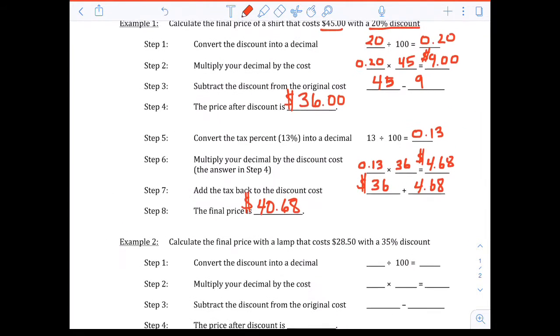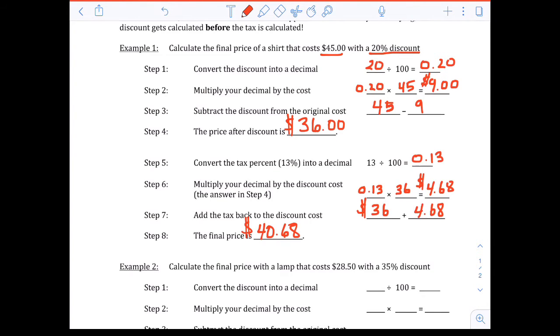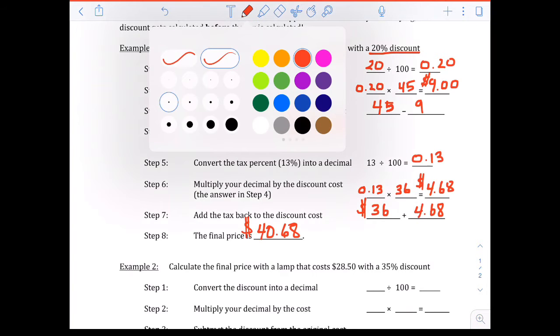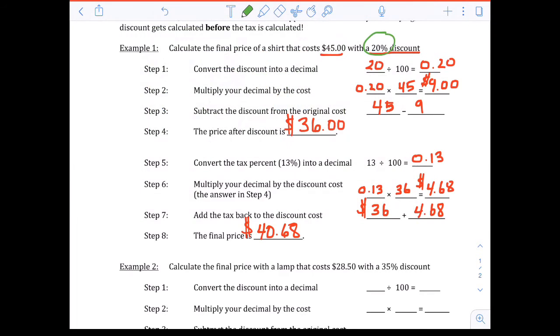So that's the total price that we'll pay for our shirt that originally cost $45, that we discounted 20%, and then once we found out the new sale price of $36, we added tax of 13% to it. And we ended up with $40.68. Our discount was bigger, 20% and 13%. So our discount was bigger. So the number should go down, because discount we subtract and tax we add.